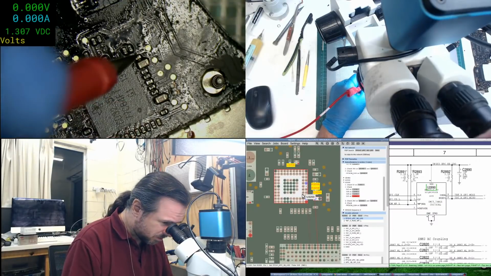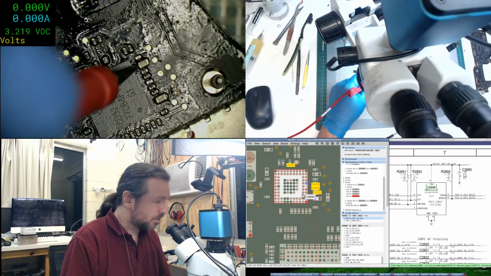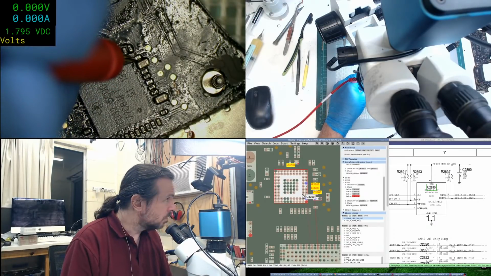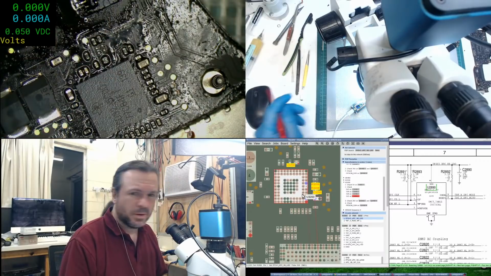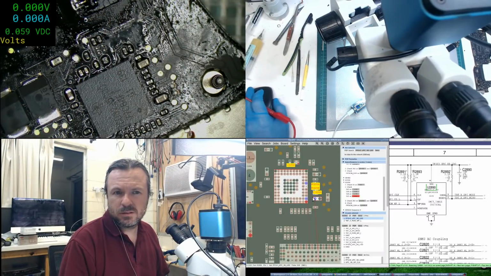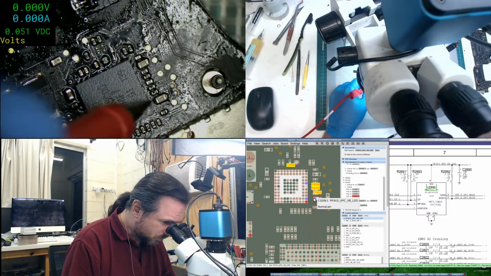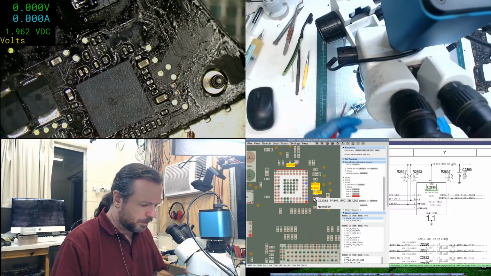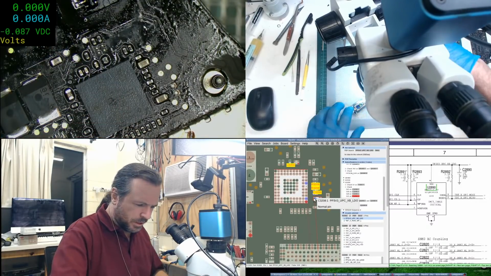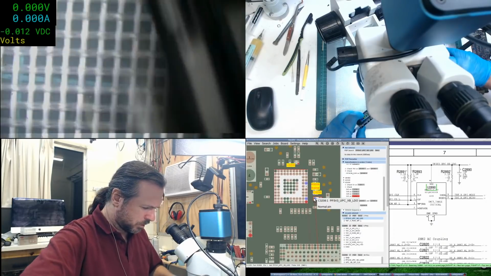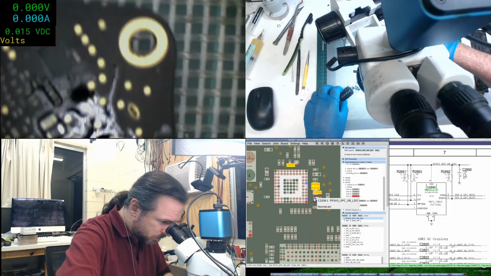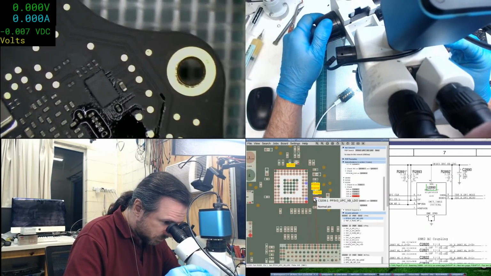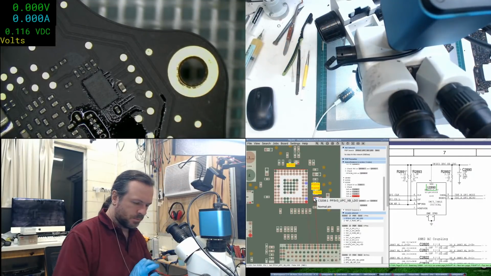What the hell? 32. 18. What? Okay, so that's reading 318 there, so that should have been all I should have been getting on that other side. Why have I got 4.2 on the other side? Unless I plugged it in the wrong way. Unless I'm measuring at the wrong place, but as far as I know, it's the right place.